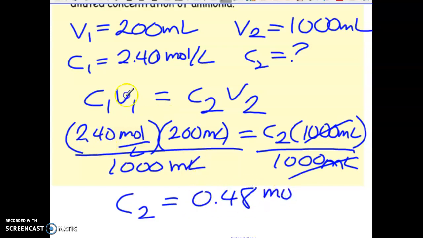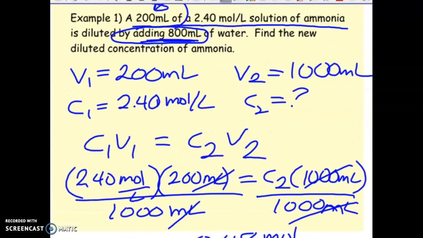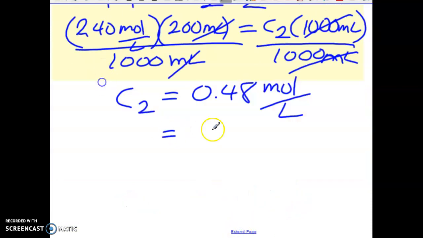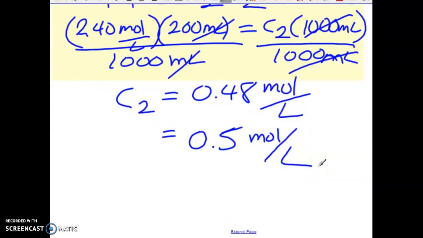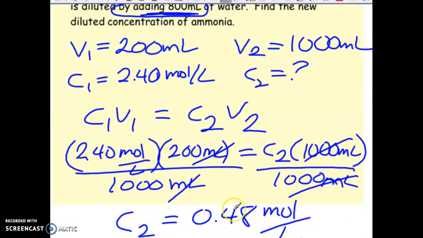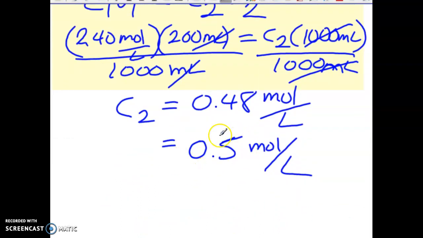Remember, the unit that's left over is moles per liter. Here we have one significant digit, so this would round to 0.5 moles per liter. Notice the concentration became less. We went from 2.4 moles per liter to 0.5 moles per liter. The concentration became smaller because we increased the volume of solvent.